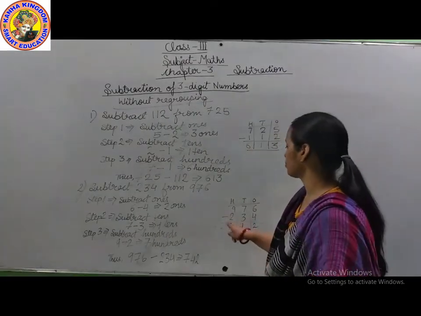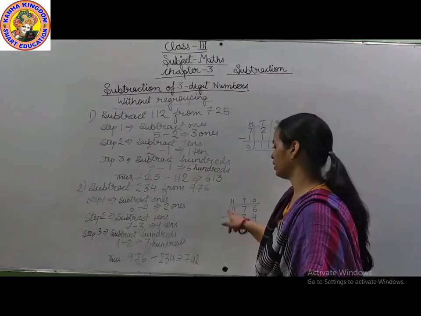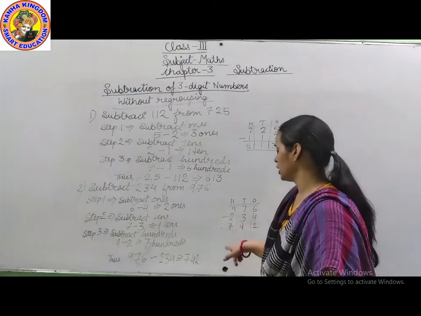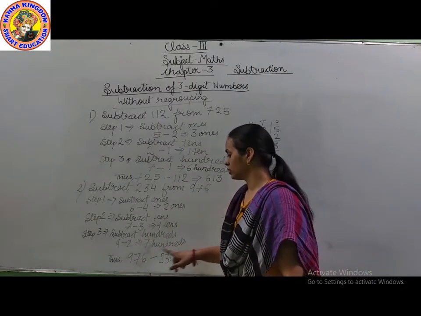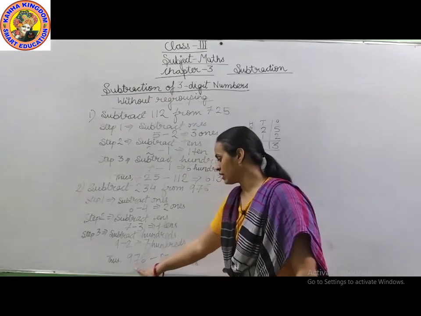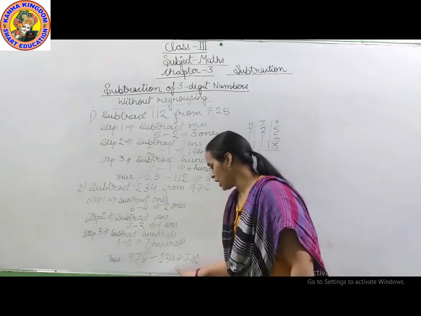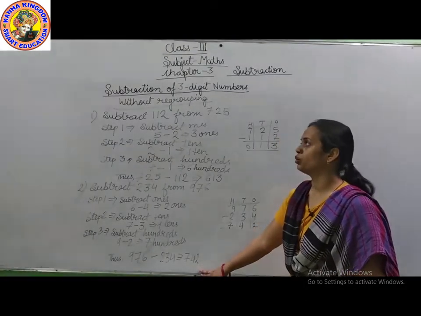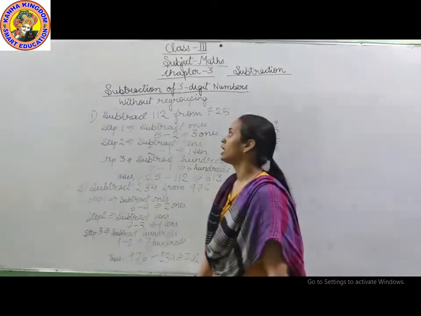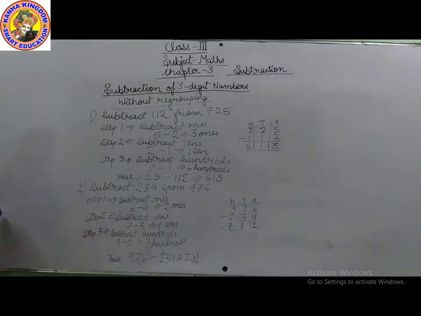Last step, subtract hundreds. So 900 minus 200 equals 700. So 976 minus 234 equals 742. Okay, write this down in your notebook in neat and clean writing.